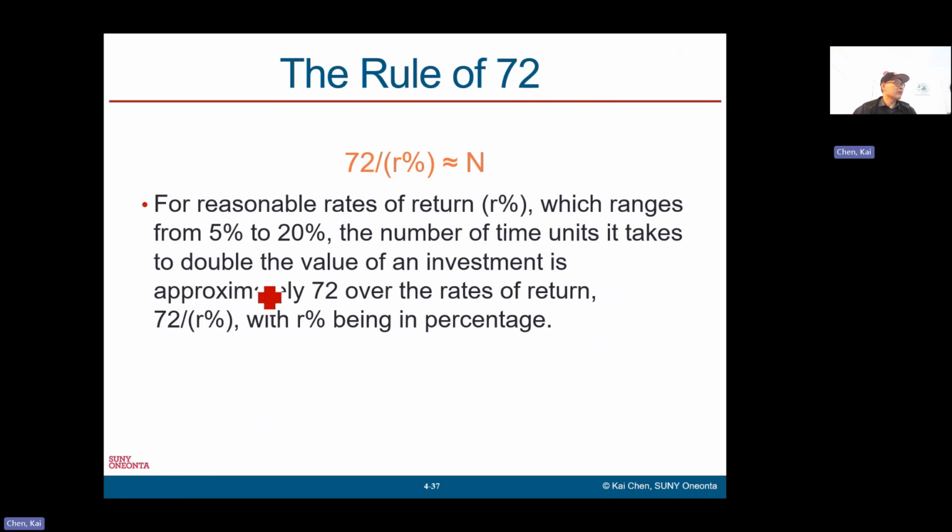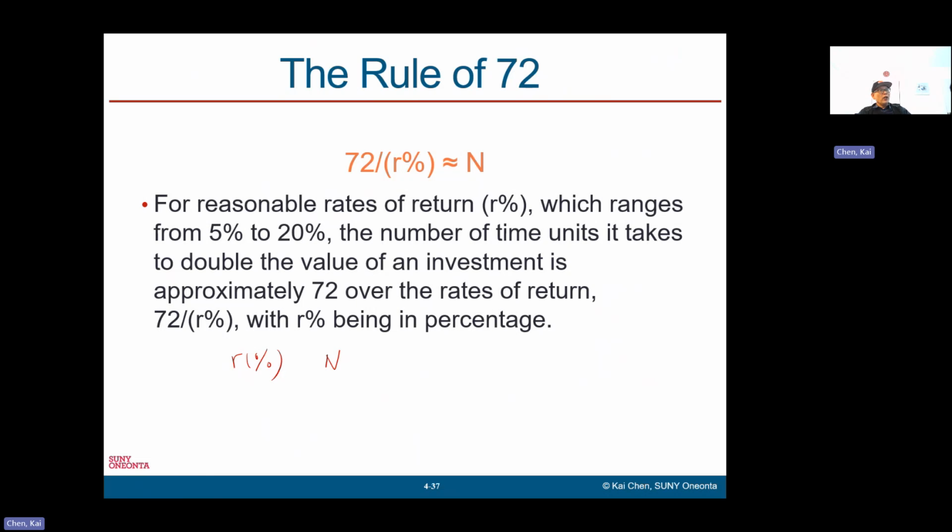Simply speaking, if we know the R, and R falls in a reasonable range, 5 to 20%, and R should be expressed in percent, then the number of time units it takes to double the value of your investment is N. Let me put it again.